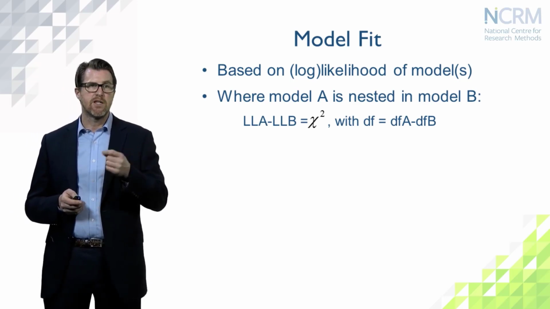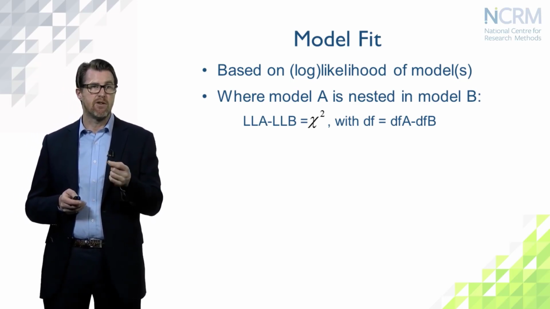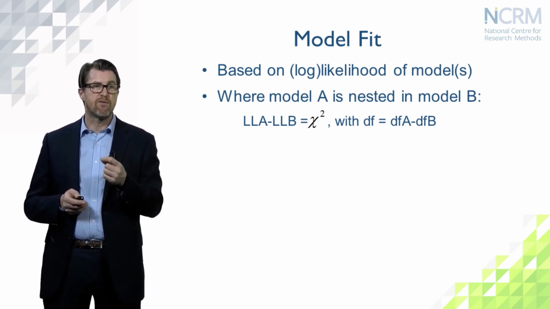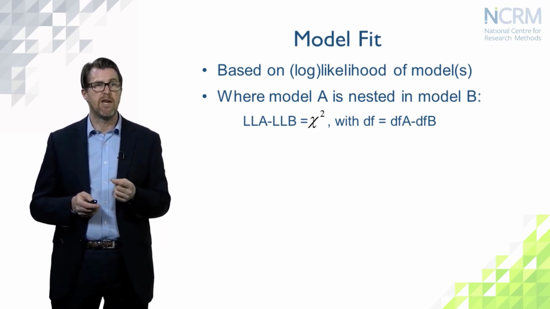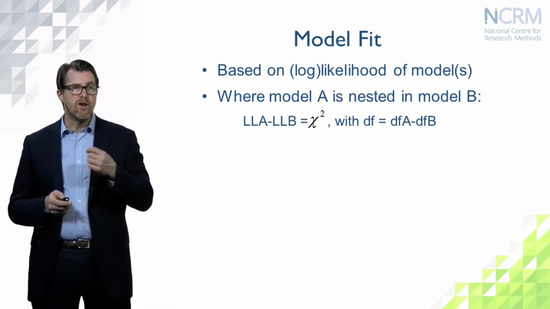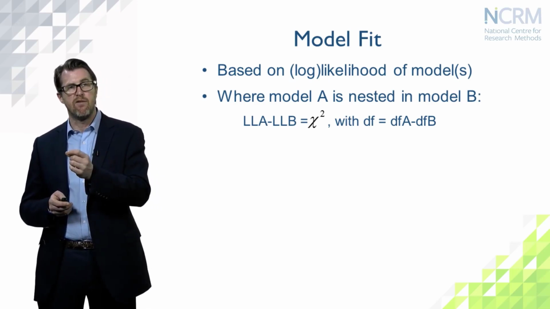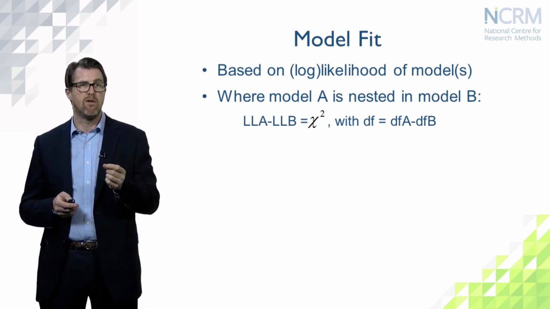And the chi-square distribution then has a degree of freedom which is equal to the difference in the degrees of freedom for model A and model B. We can therefore use this chi-square distribution to test the fit of the first model to the second model.